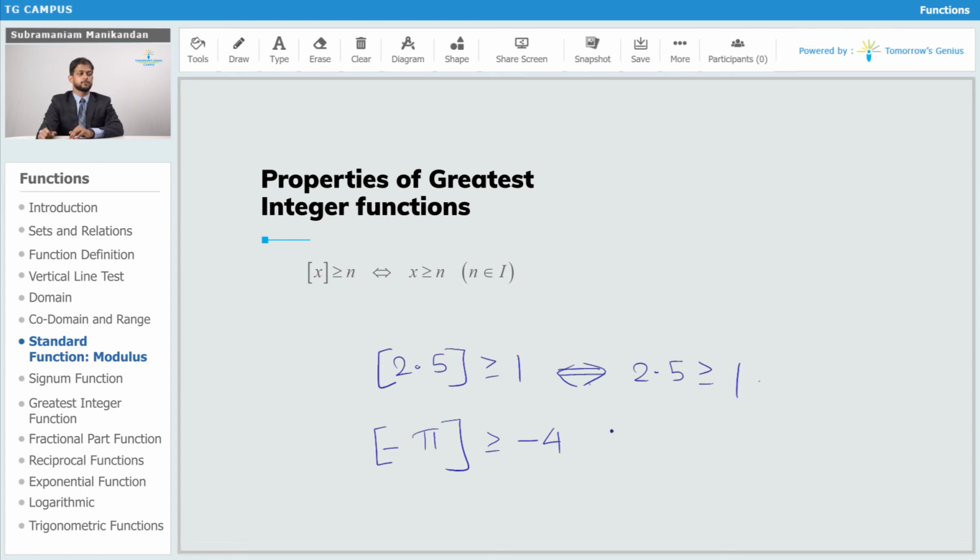So therefore, this implies that minus 3.14 is greater than or equal to minus 4, which is true.